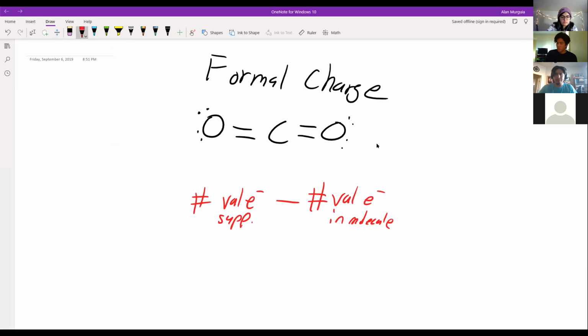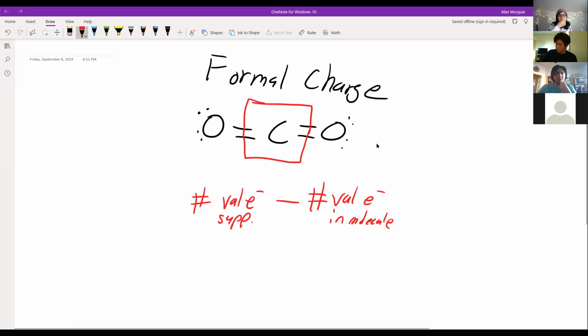A short way of doing this is that you can draw a box around the atom, including its lone pairs and whatever lines it's connected to. Whenever you come across a line when drawing your box, you draw the line in between its bonds. Since we cut the bonds in half, those electrons would be counted as one instead of a pair, since we're only including what's inside the box.